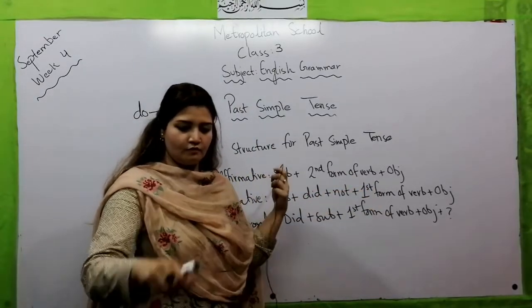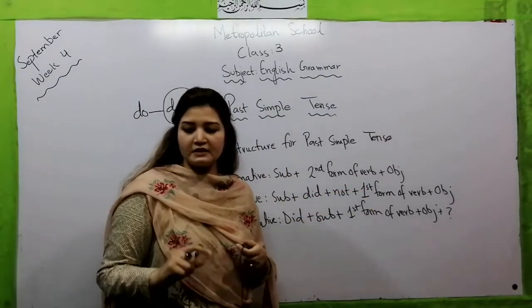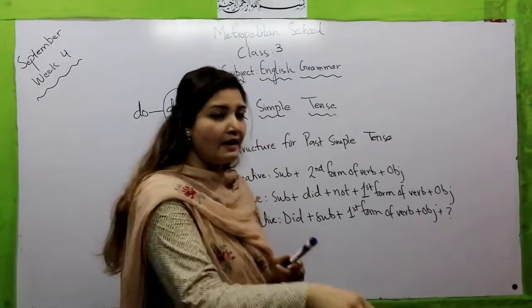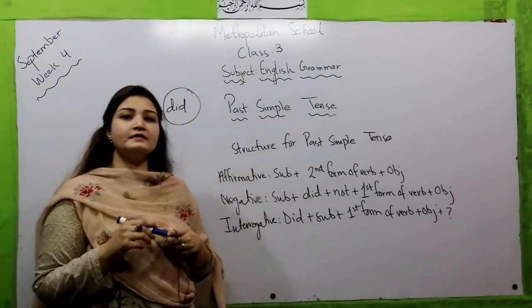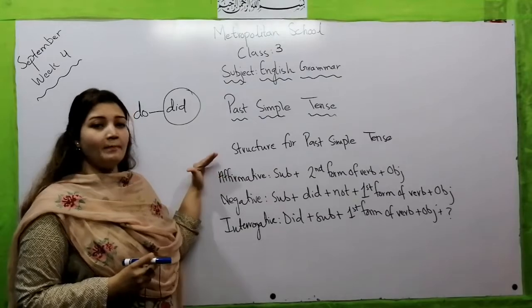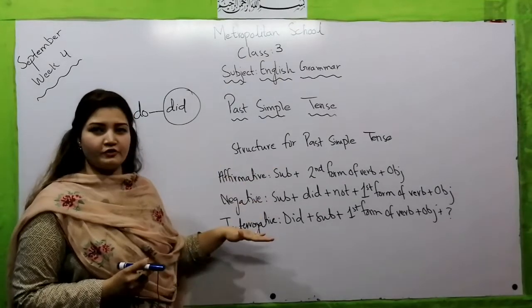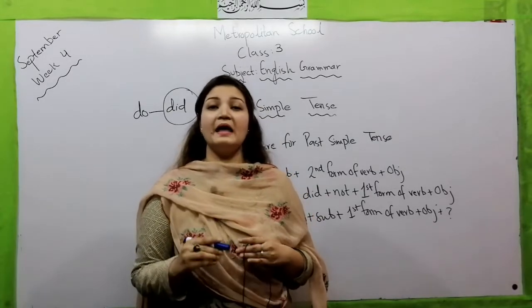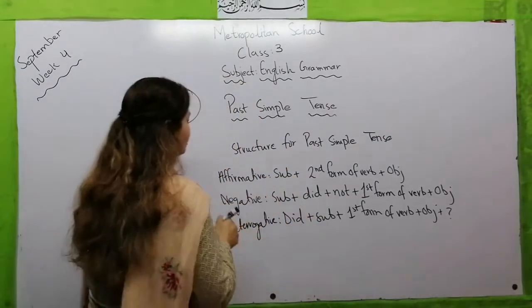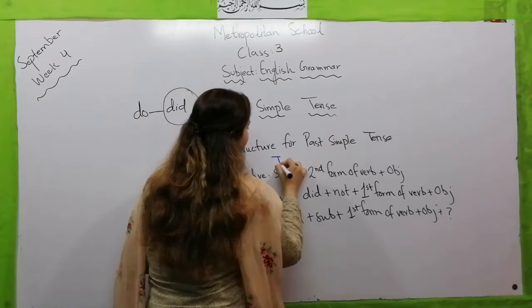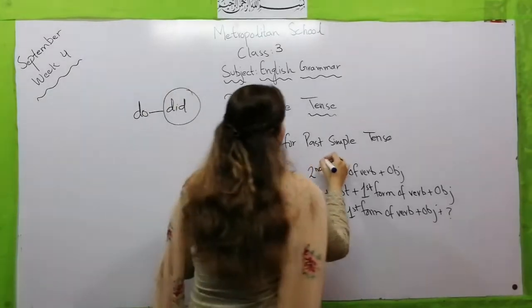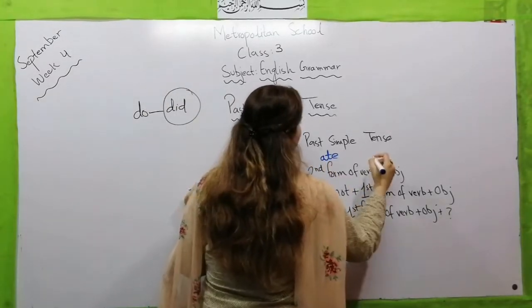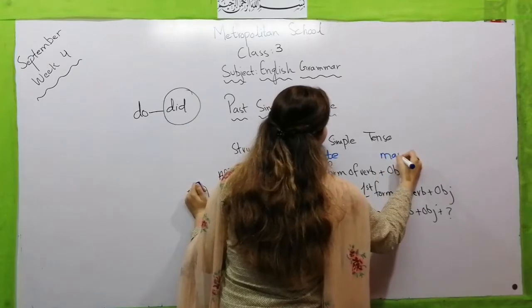Now at first we are going to start some translations. At first I am going to write the sentences just above the structures. So the first translation, the Urdu sentence is "मैंने आम खाया." So we are going to write: I ate mango.